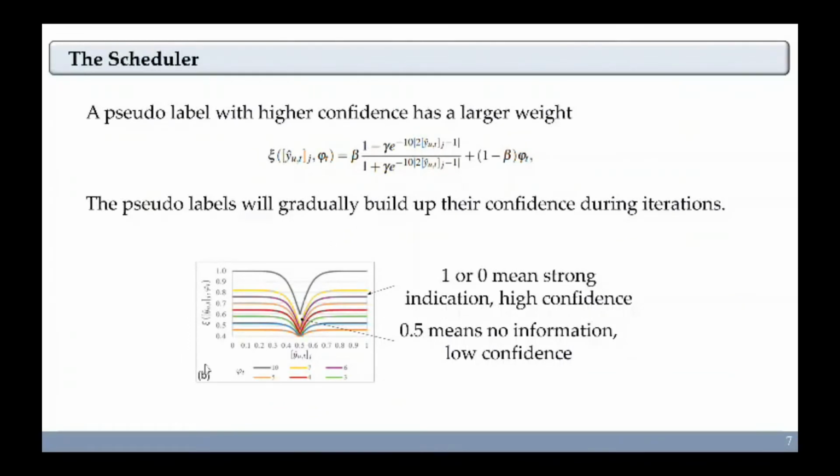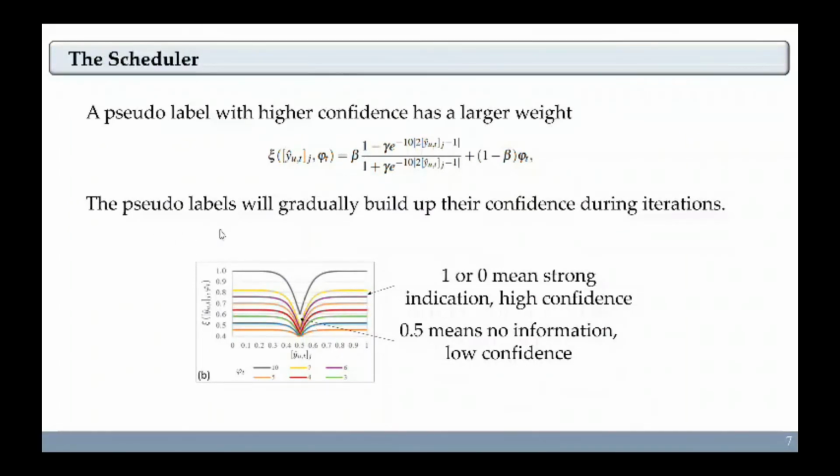As shown in this figure, when the pseudo label has a low confidence level, the scheduler will assign a small weight to the total loss, which will not be significantly affected. This is especially important at the beginning of the training process when the pseudo labels are still not indicative.